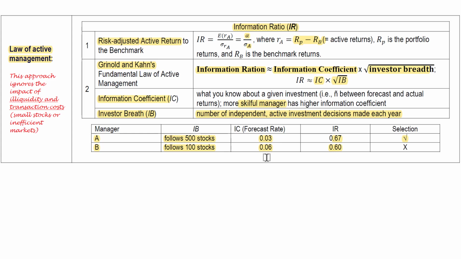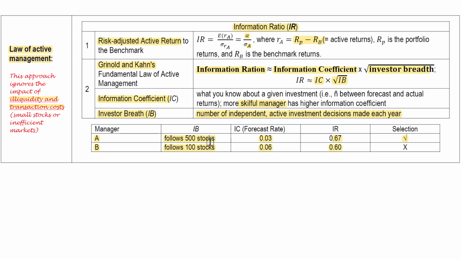But my viewpoint here is that even though this law can give us some kind of selection benchmark or criteria, this measurement ignores the transaction costs and liquidity. Like manager A, even though it had a high IR, I may not select that because you're following 500 stocks.